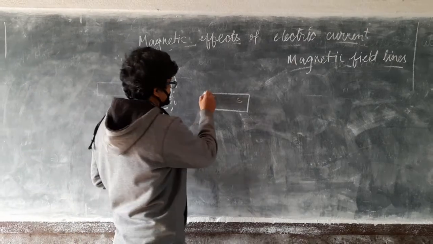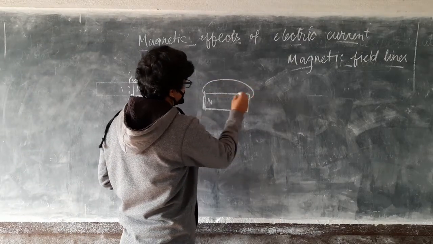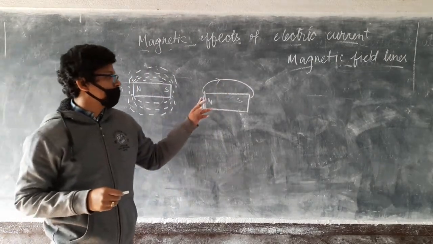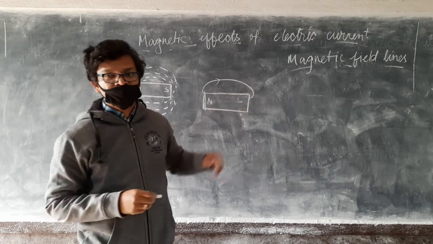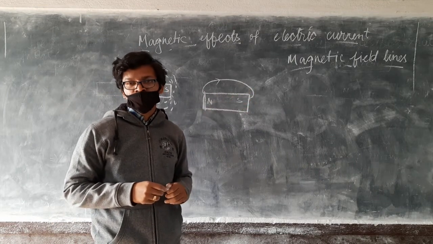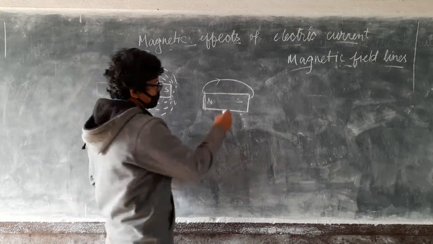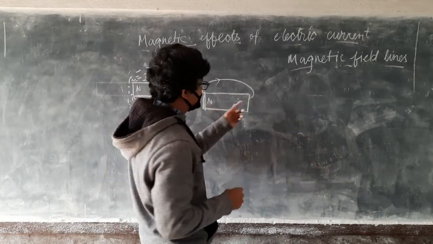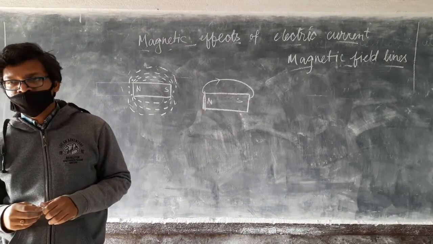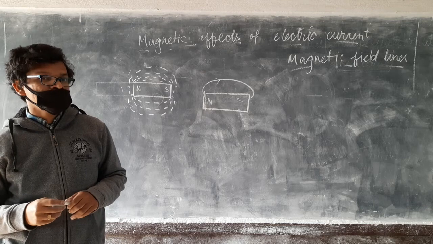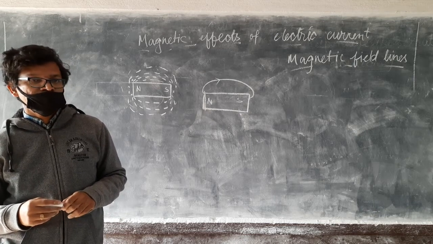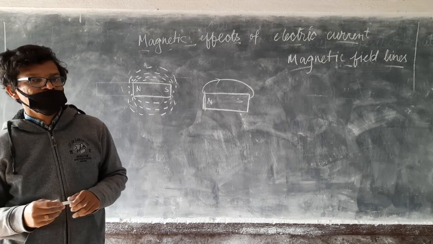So something like this. And the direction of this magnetic field line will always be from north to south outside the magnetic bar, and inside it is south to north.